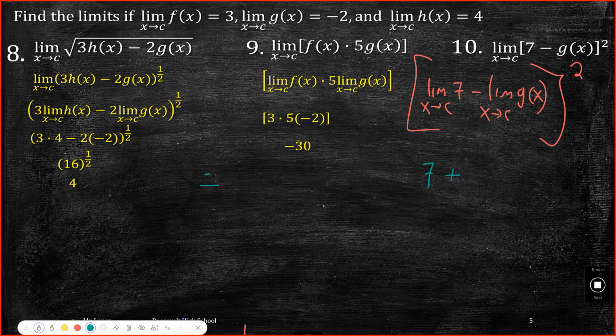And what is the minus? Minus the limit as x approaches c of g of x is what? What is it? Negative 2? Yes? Negative 2.